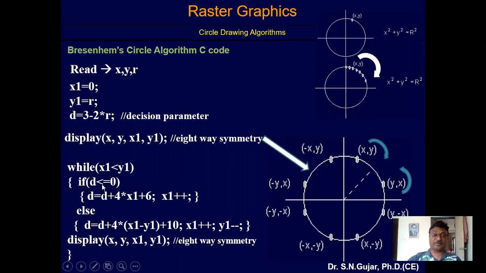Else, when the decision parameter is greater than 0, you have to use d is equal to d plus 4 multiplied by x1 minus y1 plus 10, and here you have to increment x1 and decrement y1 because y1 goes in the downward direction. Again close the curly bracket for else, and then again pass x, y and x1, y1 in the display function and close the curly bracket.